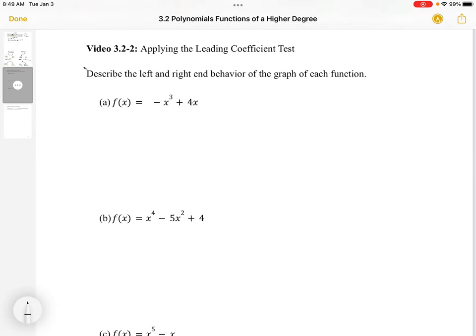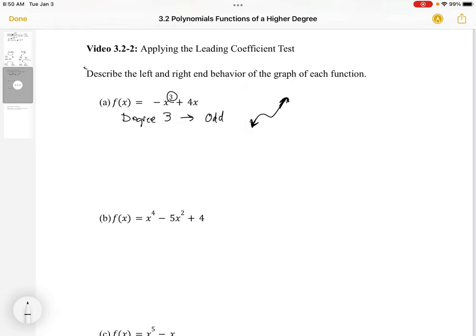So f of x is equal to negative x cubed plus 4x. First we want to identify the degree. Okay, the degree is 3. That is odd, so that's what we need to be thinking about, and it will look something like that. The graph may not be that accurate, but the end behavior will be the same as what I've drawn there.